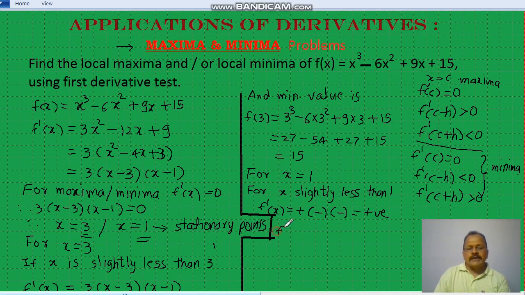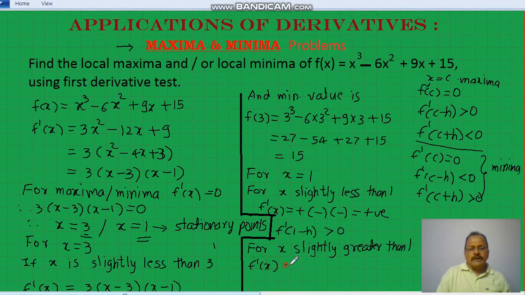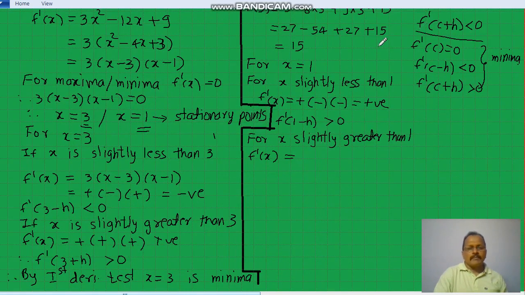So I can say that f dash (1 minus h) is positive. For x slightly greater than 1, we get f dash x equal to 3, which is positive.